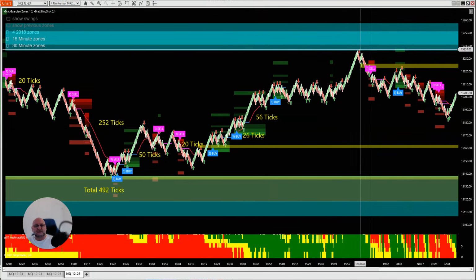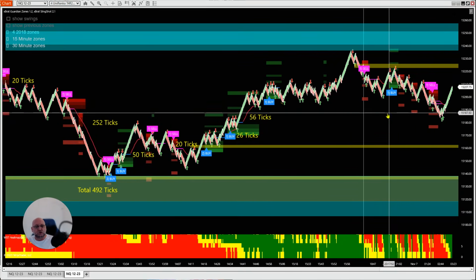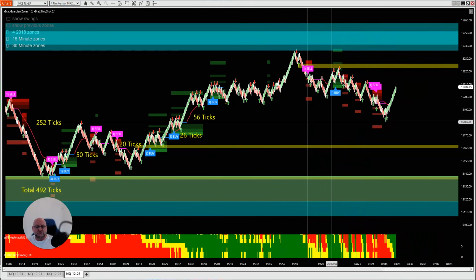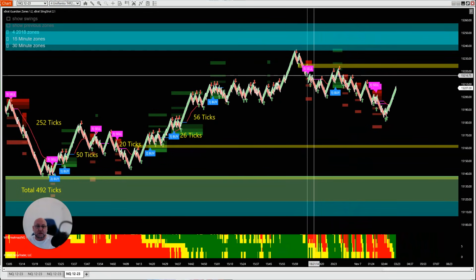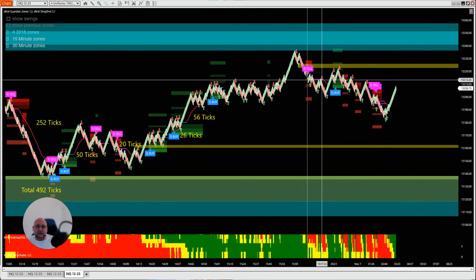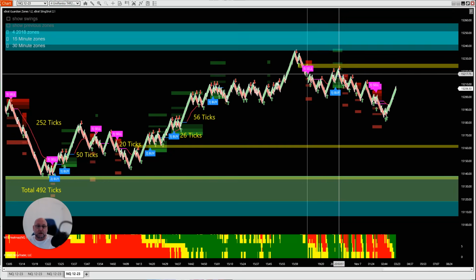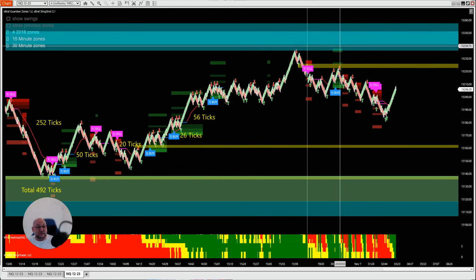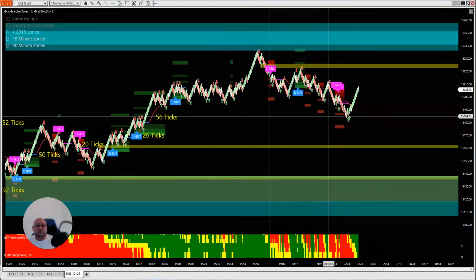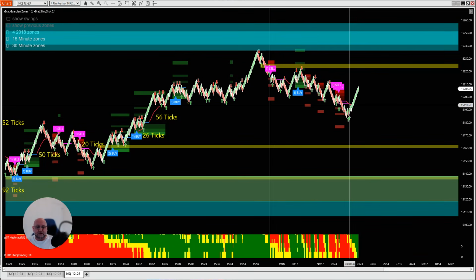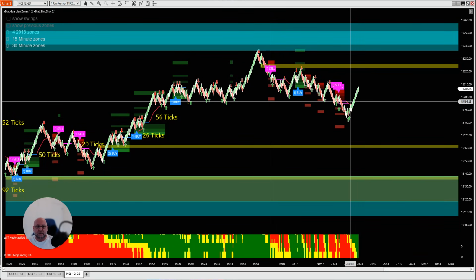Look then how we test that zone again and start to come back down. So this is the overnight, if you like. Again, we get a little sort of 20 tick move here. The buy, we don't buy. Why? Because we're going into resistance. And then we get these type 1 sells again, taking out the trailing stop on the overnight session.